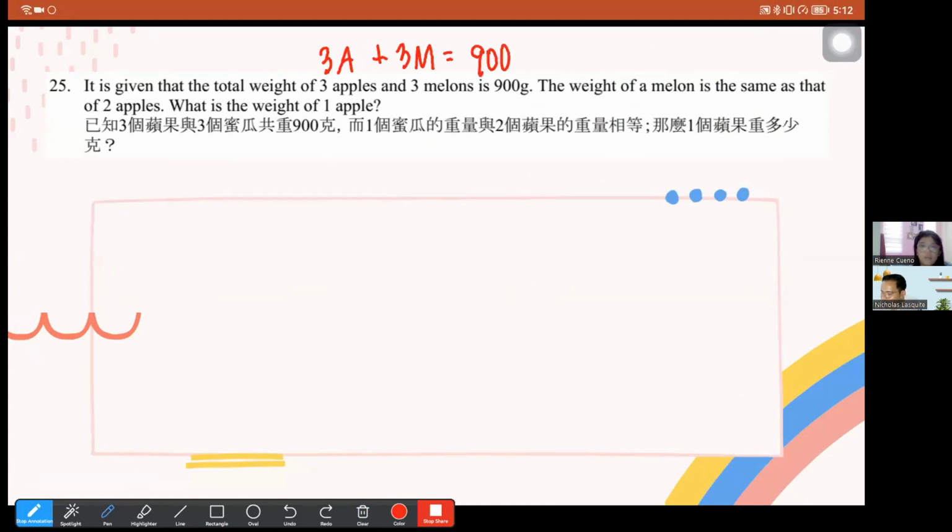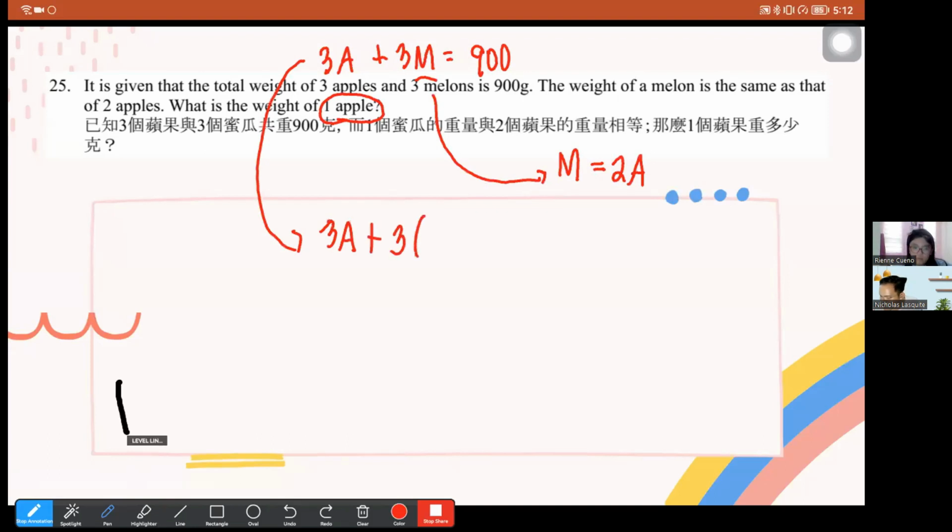We need to solve for the weight of 1 apple. So instead of writing m, we write the value of m, which is 2a. So instead of writing 3a plus 3m, the value of m is 2a.